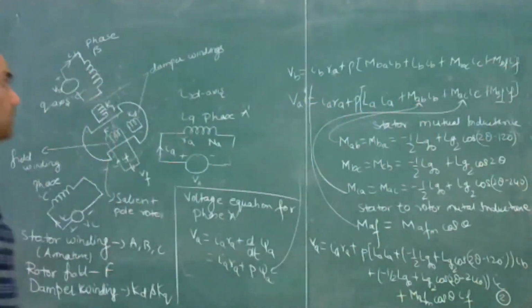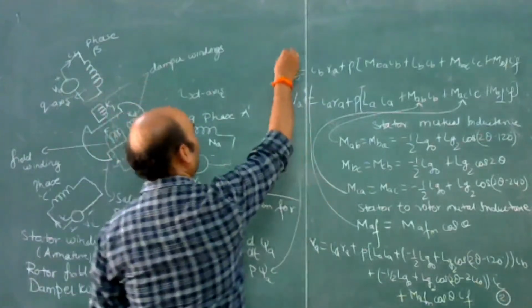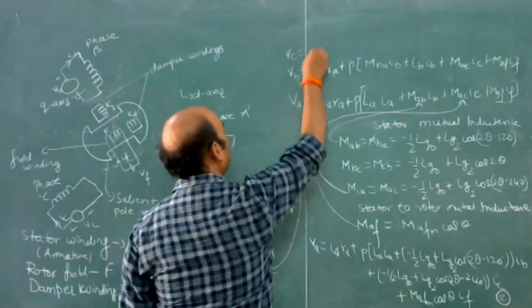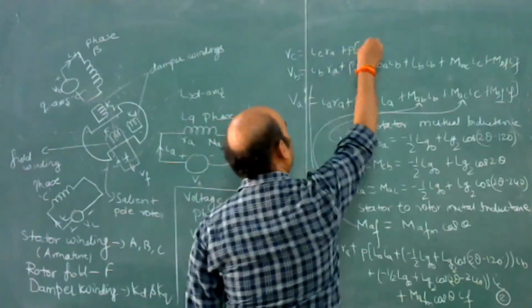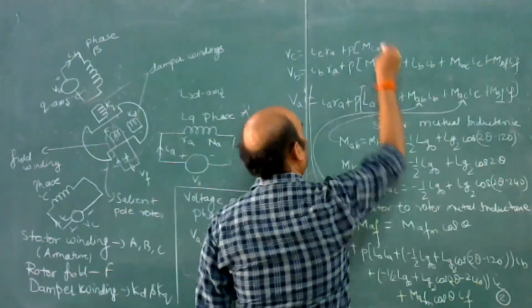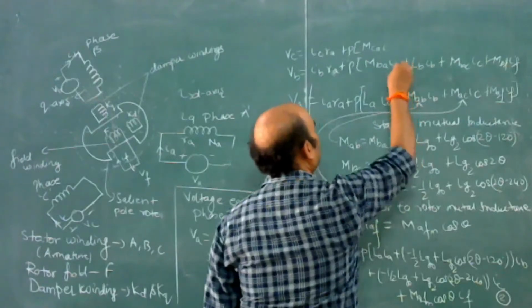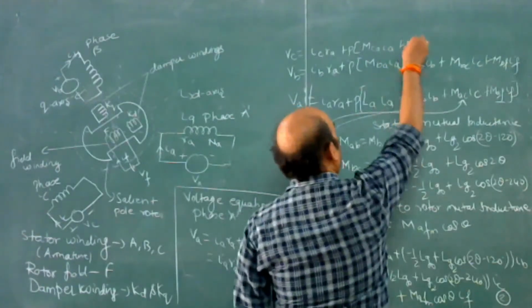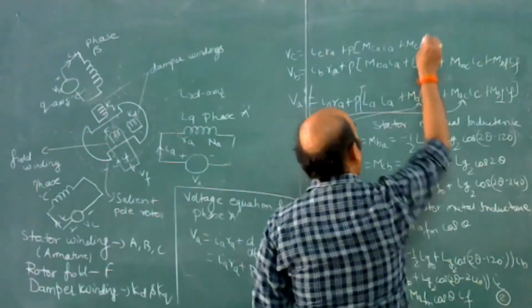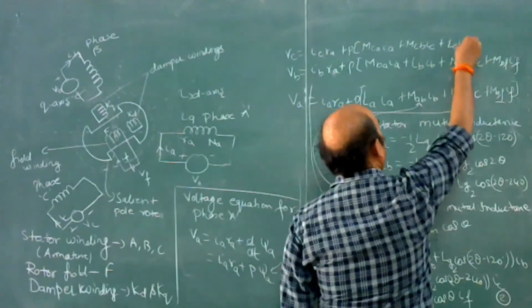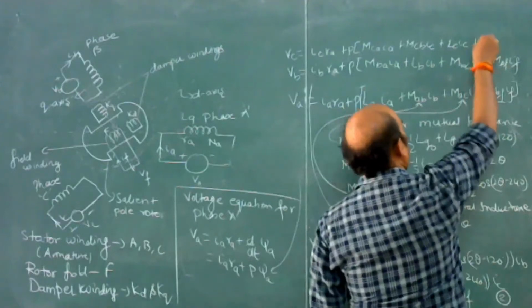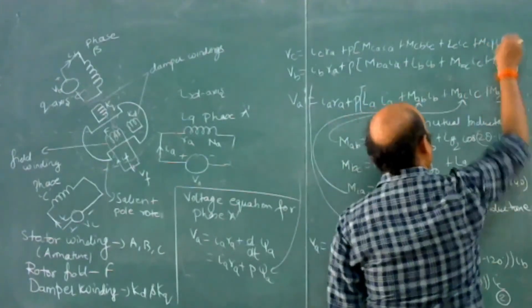Okay, like this, and we can write VC also. So VC is equal to IC RC plus P times MCA IA plus MCB IB plus LC IC plus MCF IF.